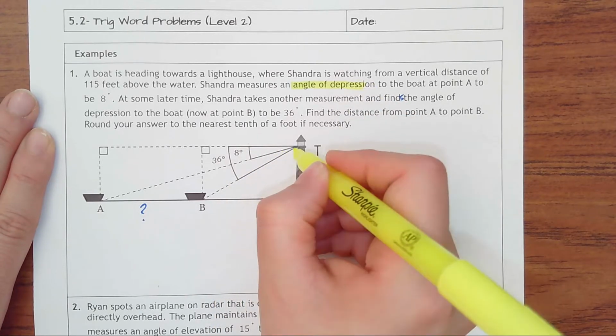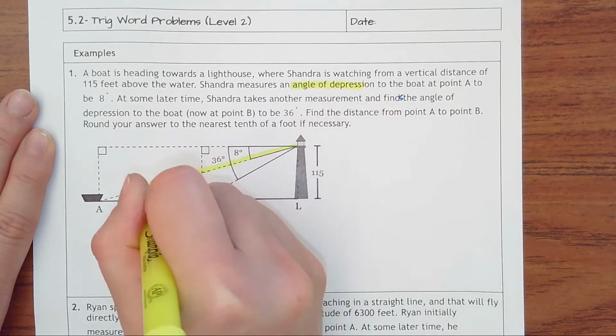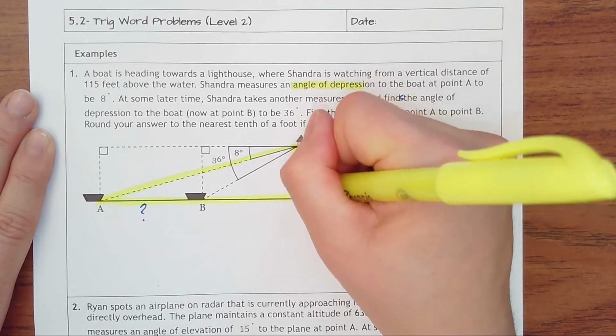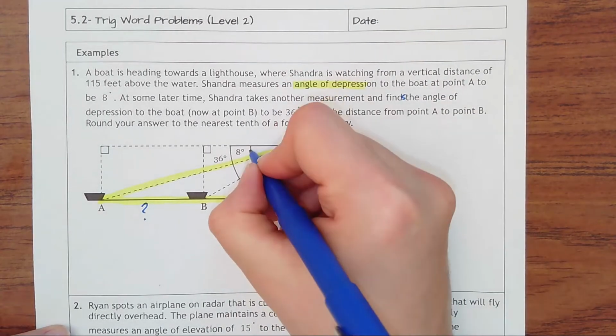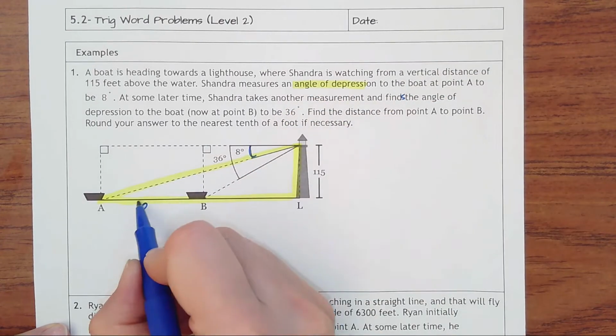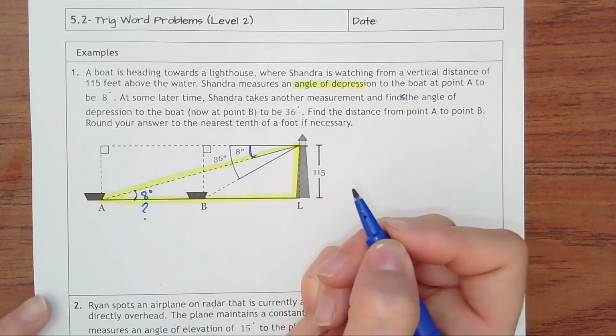But remember I told you I copy that and put it inside a triangle. So I really would be looking at this triangle. And so if this is 8 degrees here, then I could also copy, since this is a transversal cutting through parallels, and put it inside here.